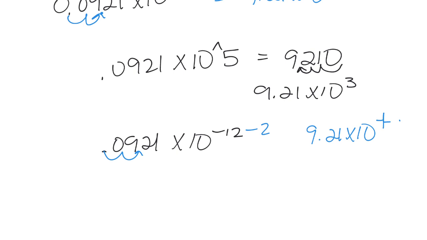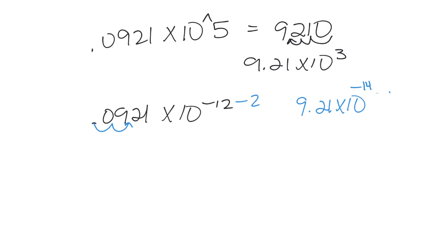Whoops. Oh, here, I always forget. I'm coming across the end of my screen. So negative 14. Now, you can do this in the calculator too. It does the same thing, only it will give you the answer.